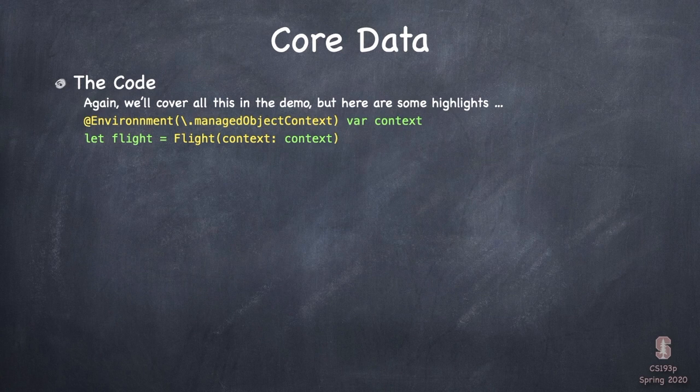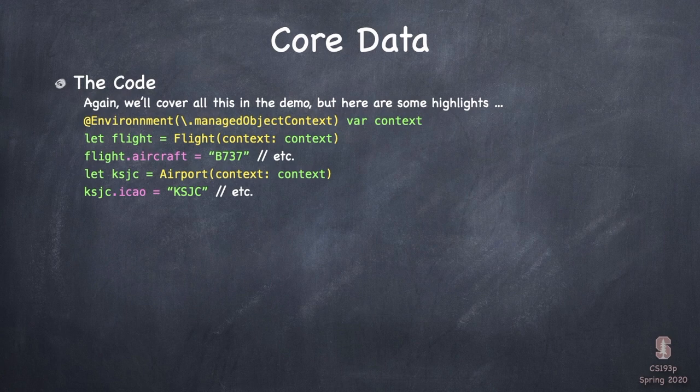Now you have a flight, this green flight var here, and you can just start setting the vars on it, like the aircraft. Set it to be B737, a Boeing 737 aircraft. And here's another thing. I'm creating an airport called KSJC, and I'm just setting its ICAO, which is its unique identifier for an airport, to KSJC.